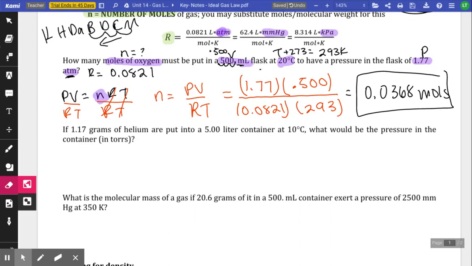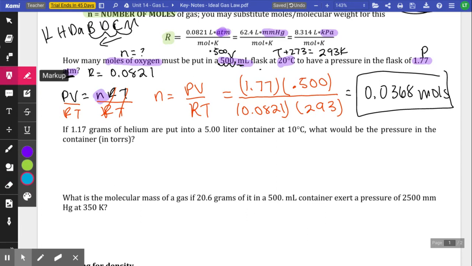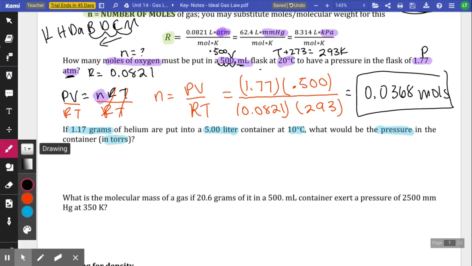All right. So first things first, it says if 1.17 grams of helium are put into a 5-liter container at 10 degrees Celsius, what would be the pressure in the container? And then it does tell us in torr. So I have that 1.17 grams of helium. It's in grams, but I can convert it to moles.